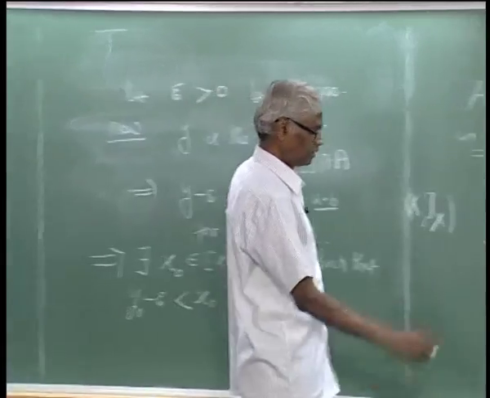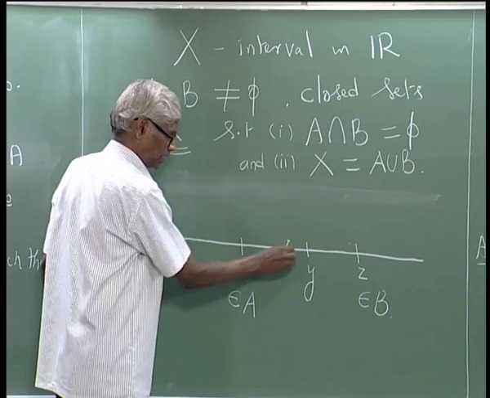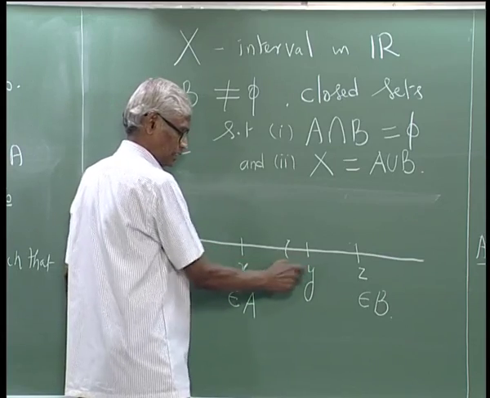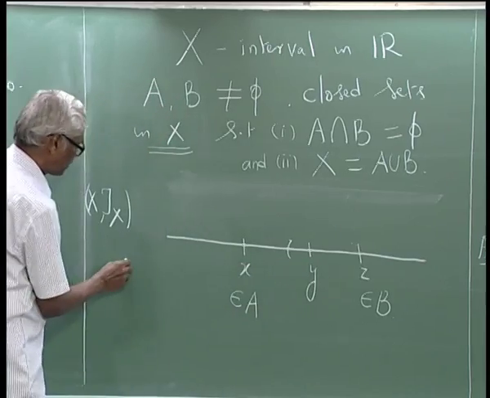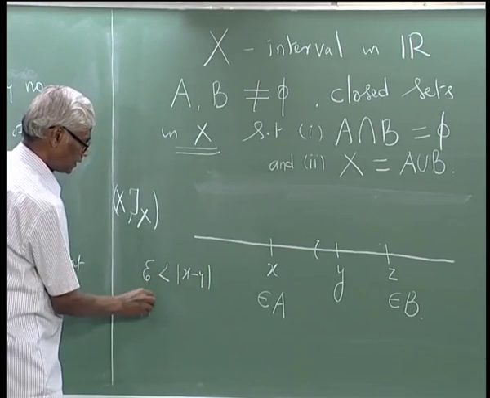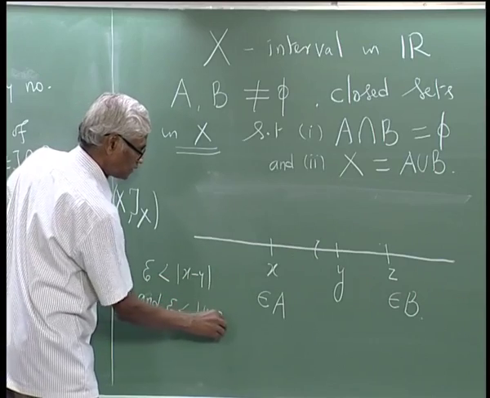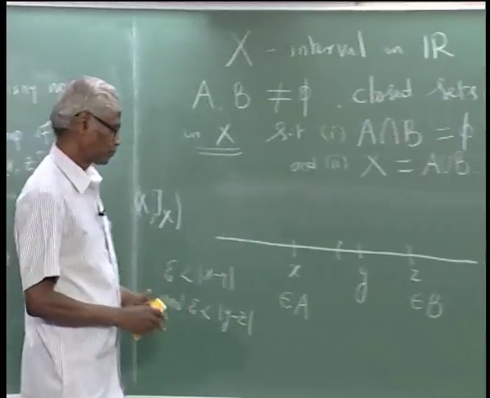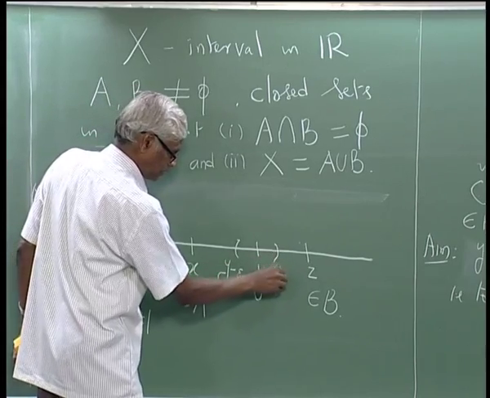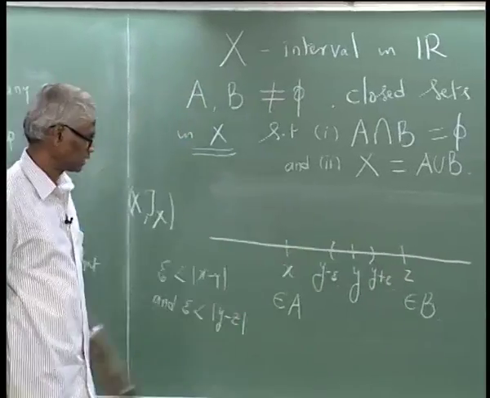We have our supremum y, and of course, we can assume that epsilon is less than the distance between x and y, and epsilon is less than the distance between y and z. So, y plus epsilon is less than z, provided y is not equal to z. In that case we are interested.